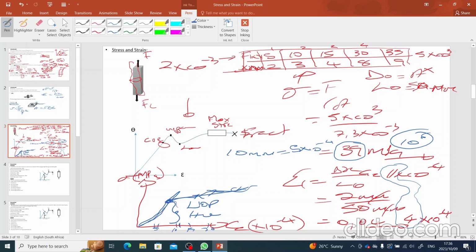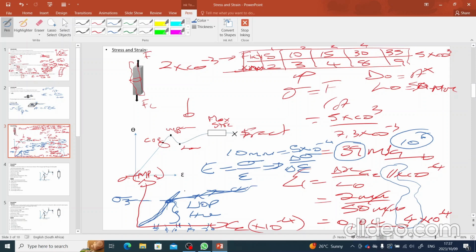Then they will ask you to determine the strength of material after you've plotted your graph. You will then use the stress that you got there. Let's say it is stress 3 and the strain is strain 3. In calculating your strength of material, obviously they want the Young modulus. It will be stress over strain. The true formula is the change in stress over the change in strain, because it occurs on the gradient line.